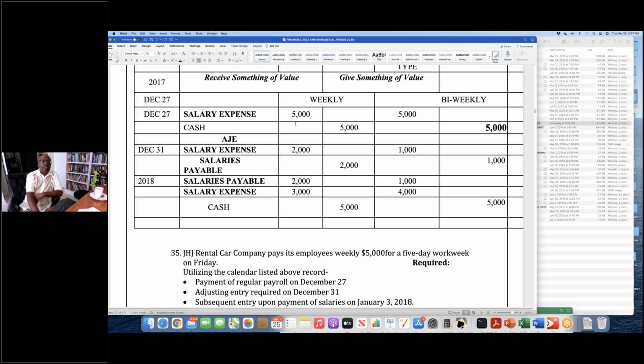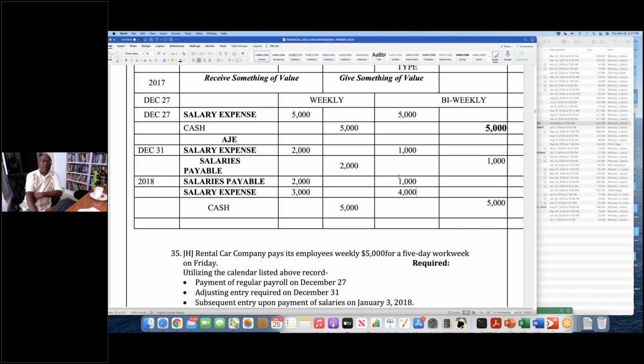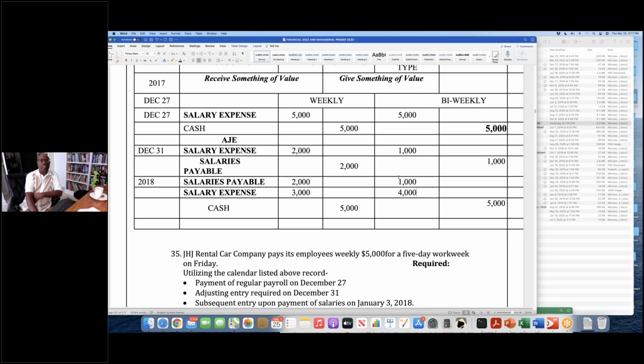Debit salary expense and credit cash each time. Then here's the AJE involving salary expense and wages payable. Then here's the subsequent entry involving cash, but that AJE did not involve cash. Any questions? Well, good, y'all got that down.